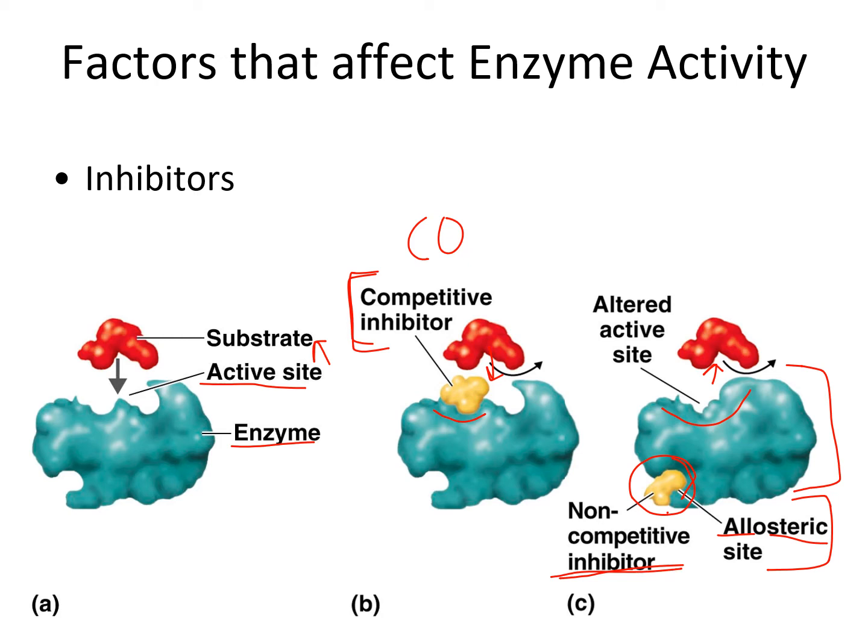And cyanide will bind to the allosteric site of enzymes that are involved in the electron transport chain. And it will prevent those enzymes from functioning. So a lot of inhibitors are actually considered poisons. Because if you stop the enzymes from functioning, you'll stop the cell from being able to perform biochemical reactions, which will most likely lead to the death of the cell.